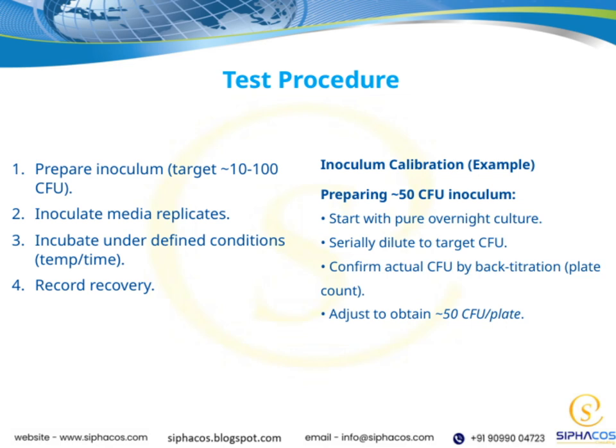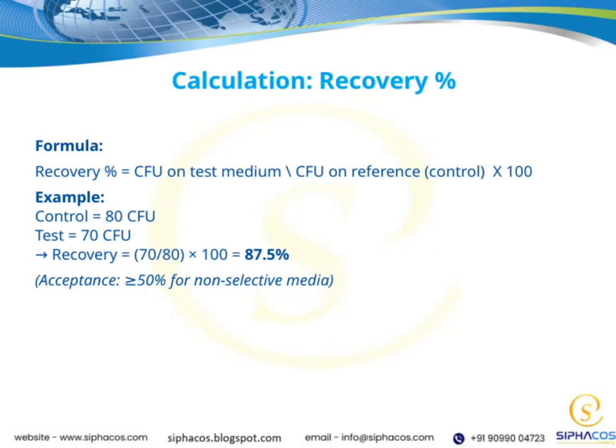Let's walk through how to calculate the recovery percentage. The formula is quite straightforward. Recovery percentage equals the number of CFUs on the test medium divided by the CFUs on the reference or control, then multiplied by 100. For example, if our control plate has 80 CFUs and our test plate has 70 CFUs, then the recovery percentage would be 70 divided by 80 times 100, which equals 87.5%.